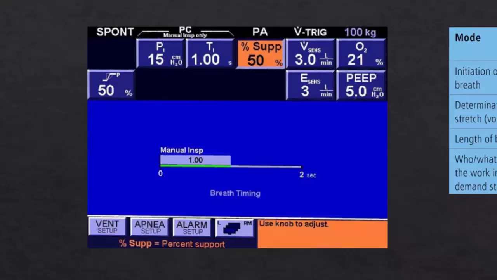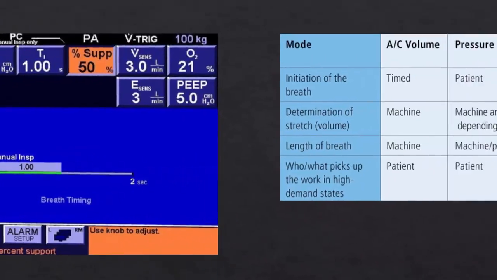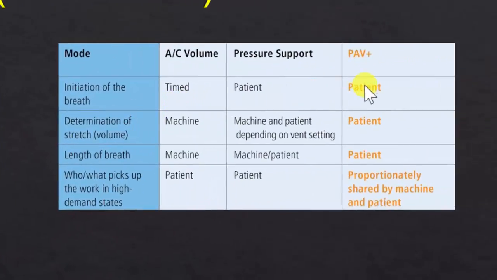So what's going to happen is in proportional, the patient decides when they want to breathe, how large they want to breathe, how long they want to breathe, and who does the extra work as demand goes up is the ventilator. So if the patient's doing 50% of the work and then the work of breathing goes up because of secretions, the ventilator will do extra work.